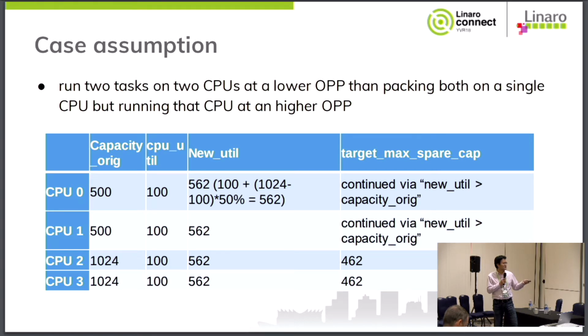Then the target max spare capacity for the big CPU is 462. So it will select the last big CPU almost every time. It tends to be a fixed order to select the max spare capacity.